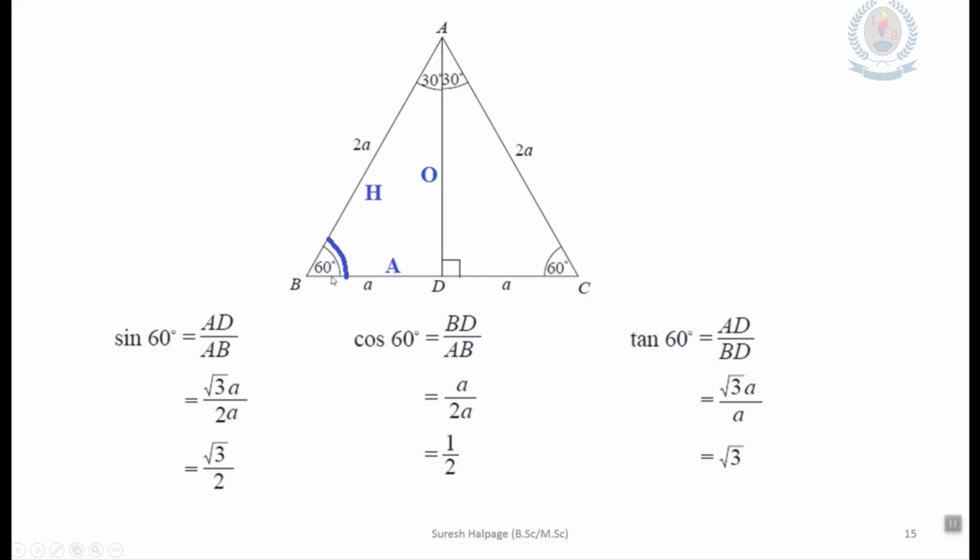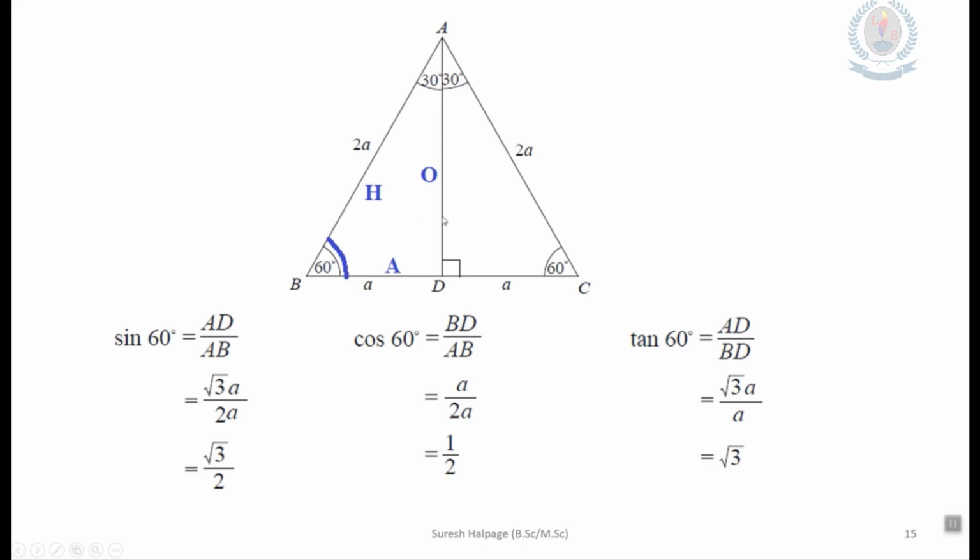So then cos 60, the cos means adjacent over hypotenuse. Adjacent side a, hypotenuse 2a, we get cos 60 is half. TOA, tan opposite over adjacent.